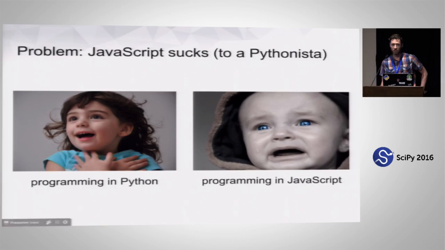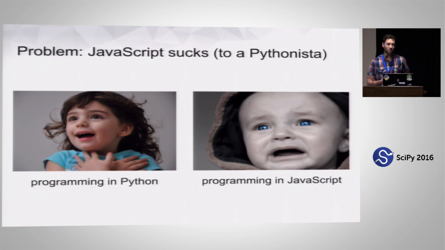There is, however, one problem, and that is that the language of the web is JavaScript, and JavaScript kind of sucks. JavaScript is known to have many flaws, and I think the contrast between Python and JavaScript is particularly large because Python is well designed, it's mostly consistent, and it's just a joy to work with, whereas working in JavaScript is often quite painful.